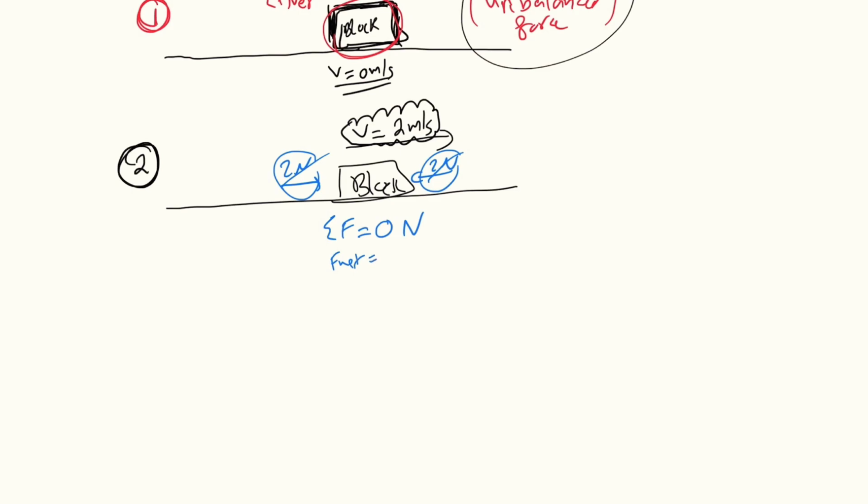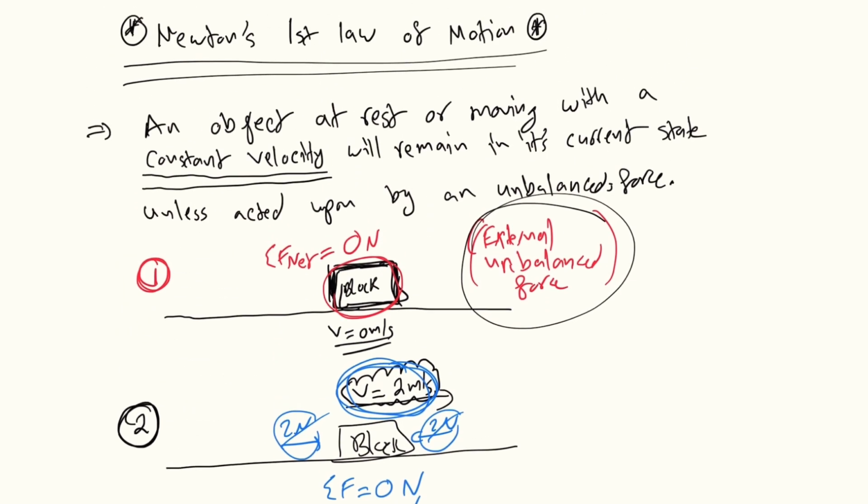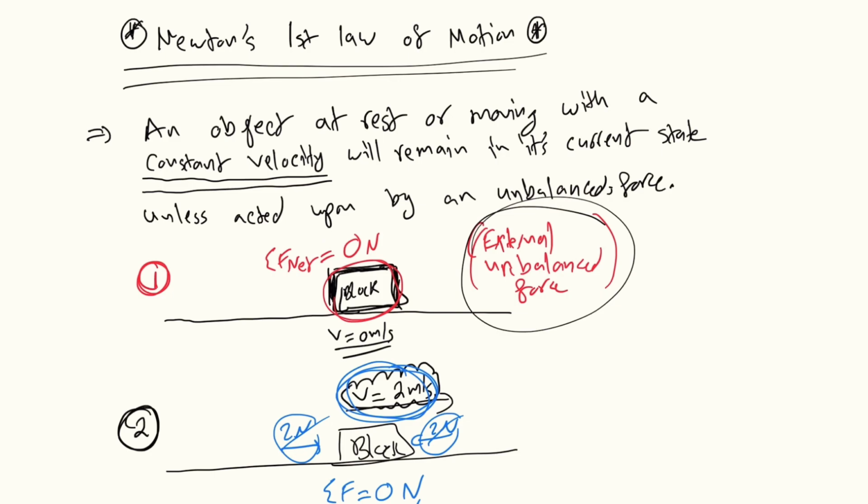The net force acting on this block is 0 newtons, as if there's nothing acting on the block, and all the forces cancel each other out, and there's nothing to cause these 2 meters per second, which is the velocity, to change. So these are the two cases that revolve around Newton's first law.